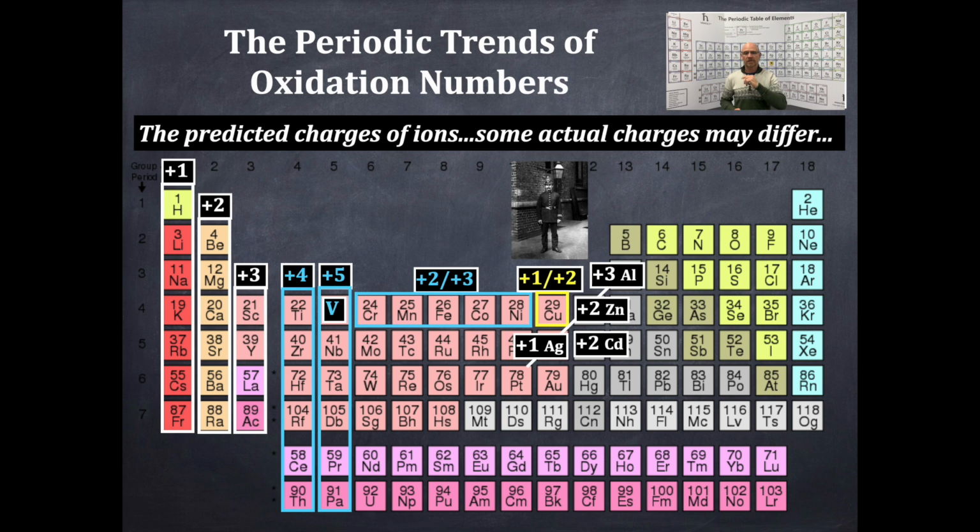All right, then there is gold. Silver and copper have a common charge, that's a 1+. Gold also has a common charge because it's in the same group or family. It also has a 1+. But gold is worth more, so that's why it has the higher charge. That's not actually true. I mean, gold is worth more, but it's not worth more because it has a higher charge. But hopefully that just helps you memorize it.